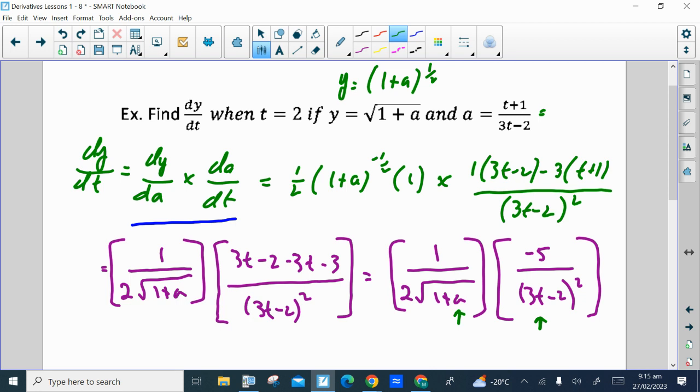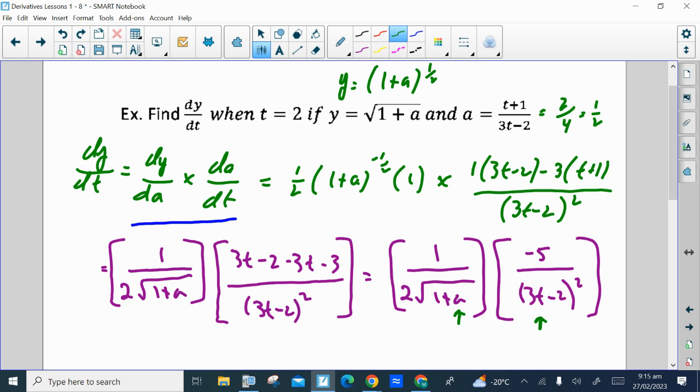So the top will be 2 plus 1, which is 3. On the bottom, you're going to have 3 times 2, which is 6, take away 2, which is 4.